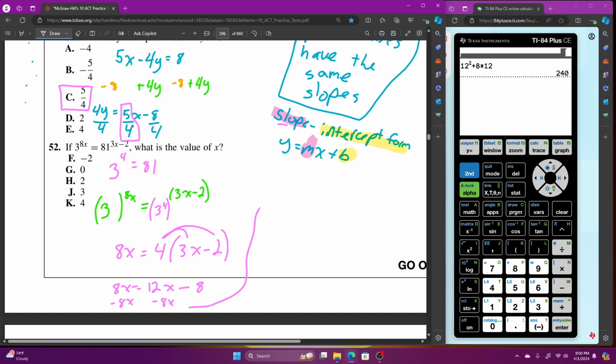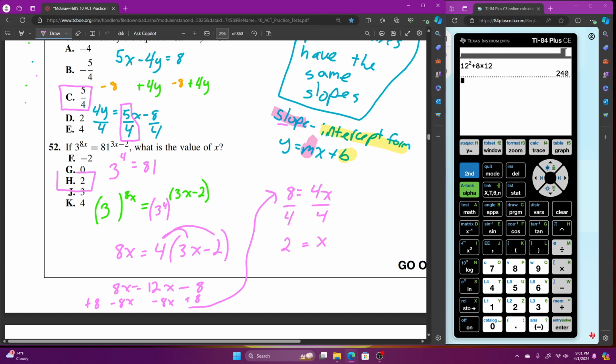I can also add 8 on both sides at the same time. 8 equals, those cancel, 12 minus 8, 4x. Divide both sides by 4. So x equals 8 divided by 4 is 2.